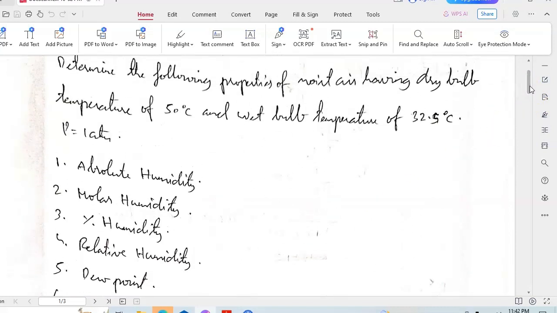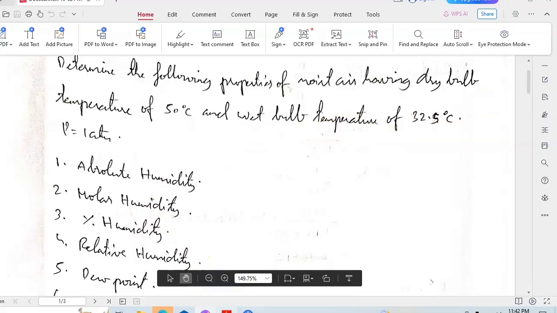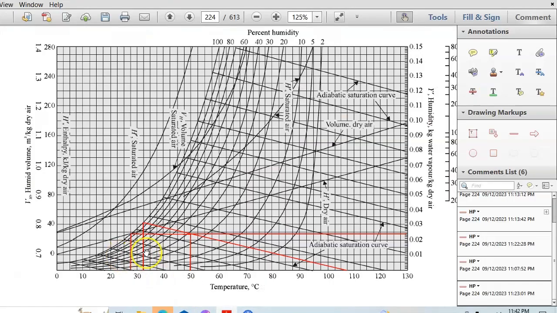Then if the question gives the dry bulb temperature and dew point temperature, we need to first find the point of interest. For the dew point temperature, go along a straight line, and then draw a horizontal line to this point, and from this we get the humidity Y dash.